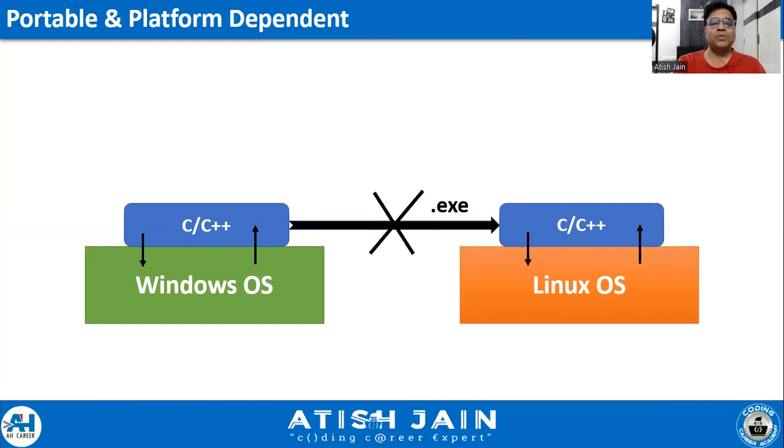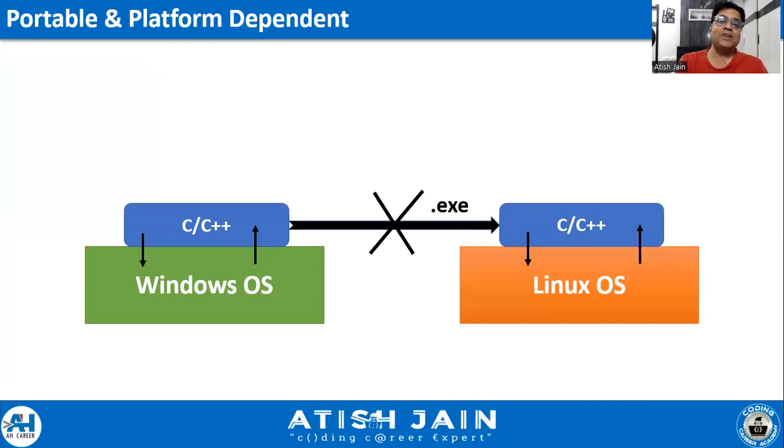So what do you mean by portable? When you can copy the source code of a program from one operating system to another, it is known as portability. It means you cannot copy the executable file. Once you compile your C++ program, it produces an executable file, and you cannot run that executable on Linux. Why?